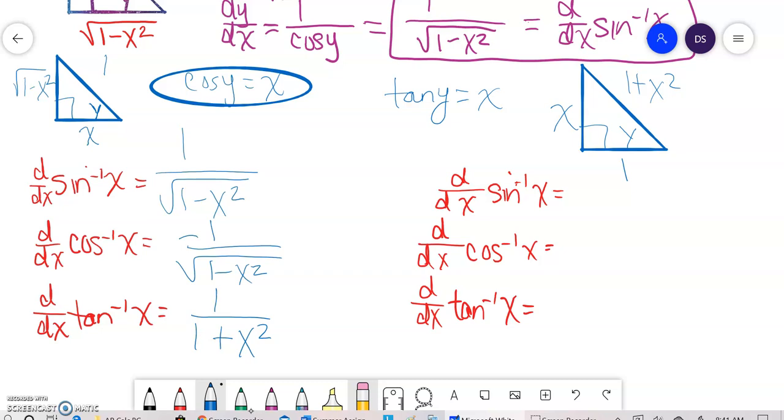Okay. So this looks like it says the same thing because it does. It's not supposed to. It's supposed to have an f of x here.